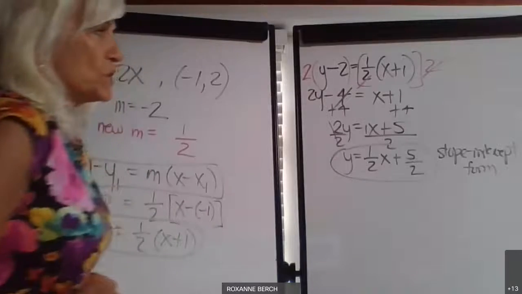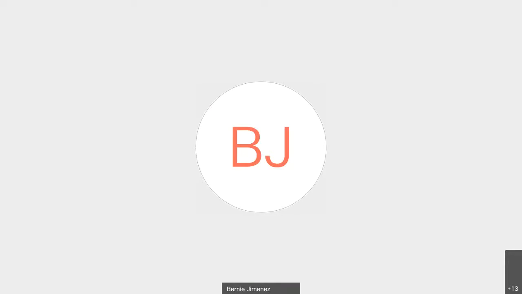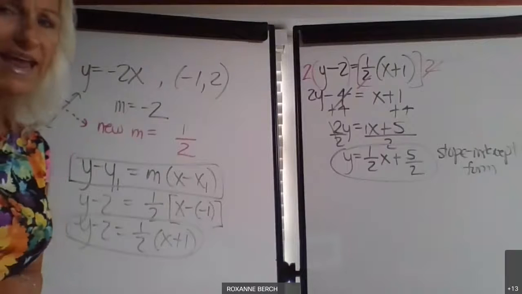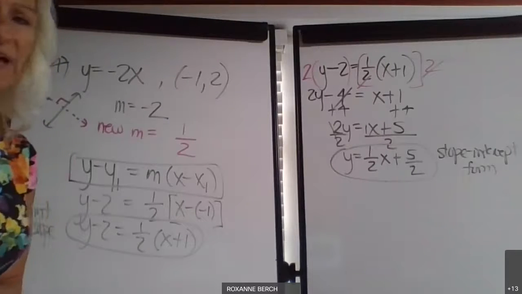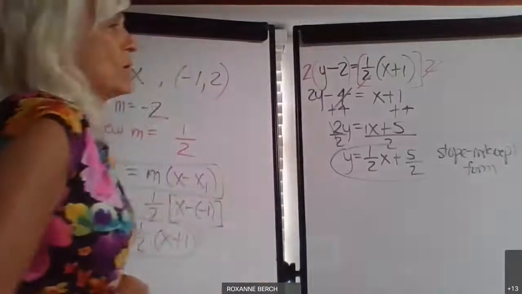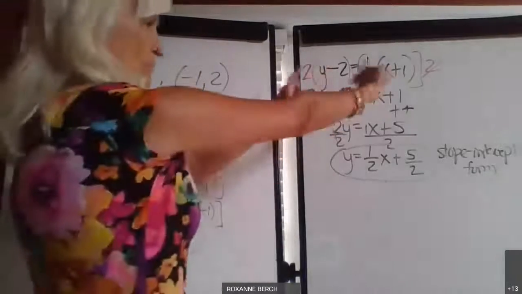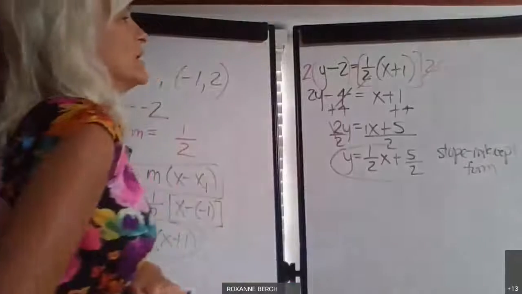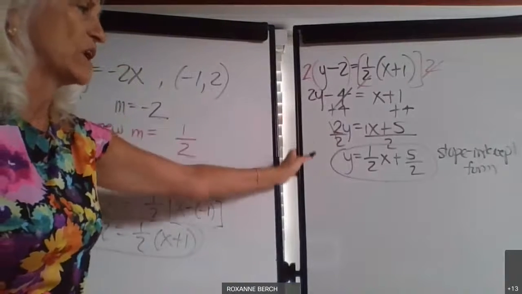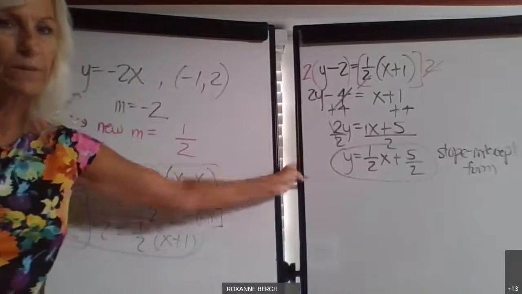You can distribute the 1/2 if you want to. If you want me to show you that, I can, but I'm showing you the best way to do it, and that's to get rid of the fraction by multiplying by the reciprocal. I eliminated the fractions in the first step, and then I just solved for y to put it in slope-intercept form.